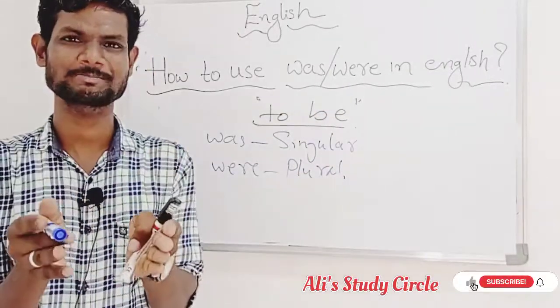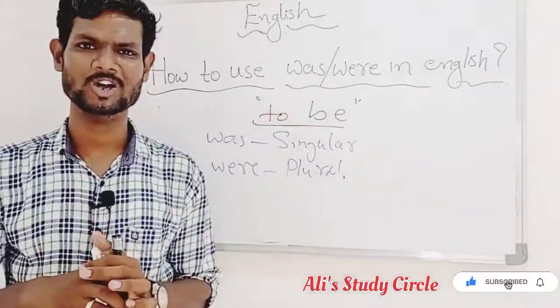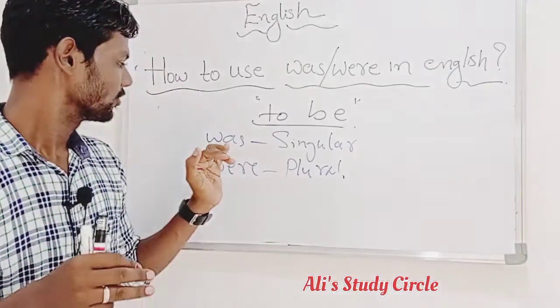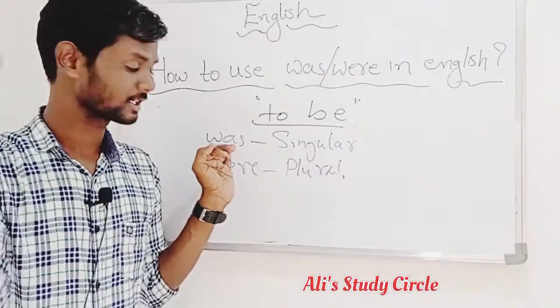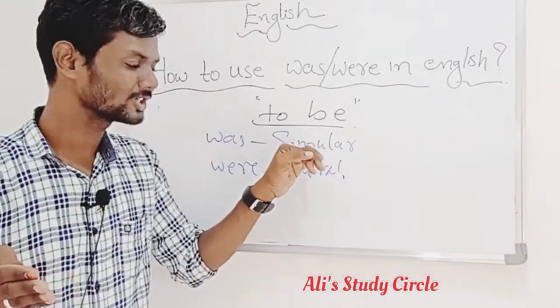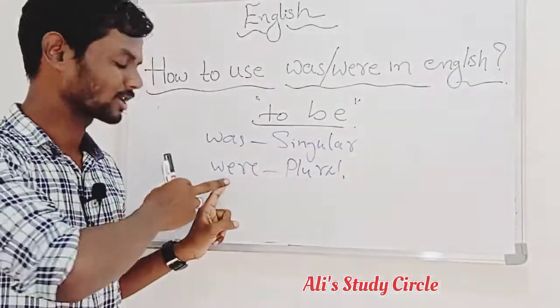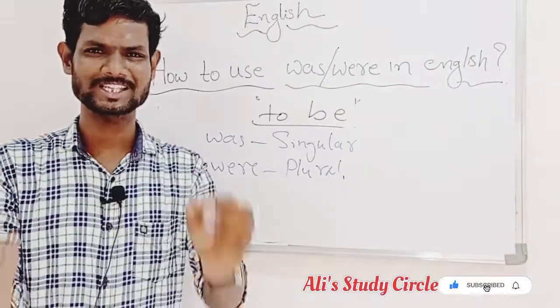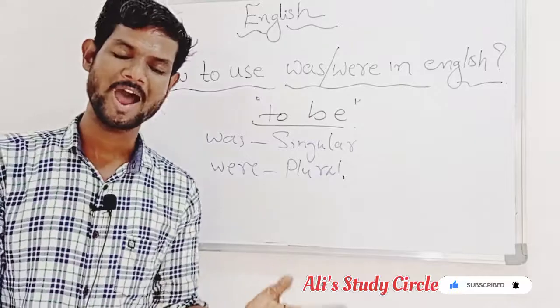These are the differences between was and were. The only difference is that was is used in singular form and were is used in plural form.